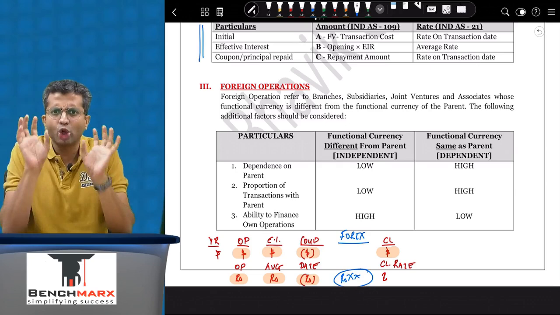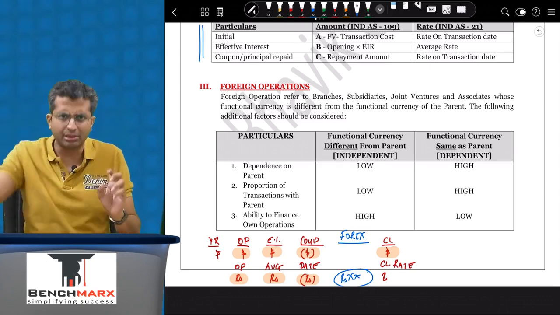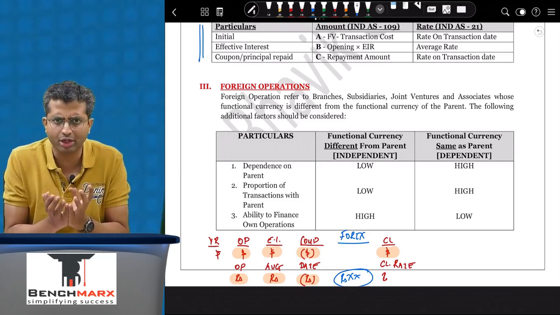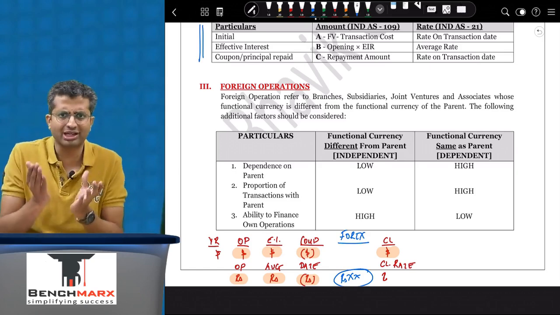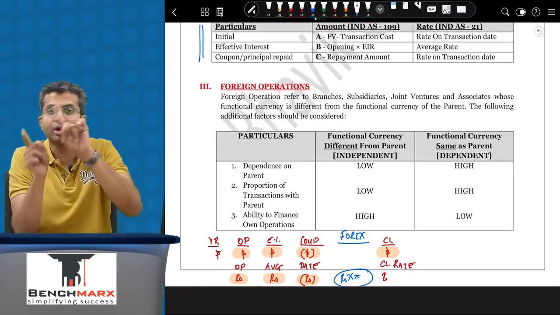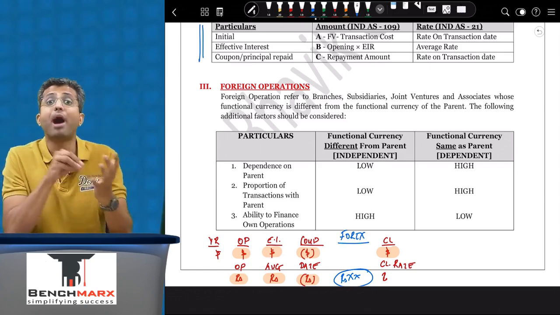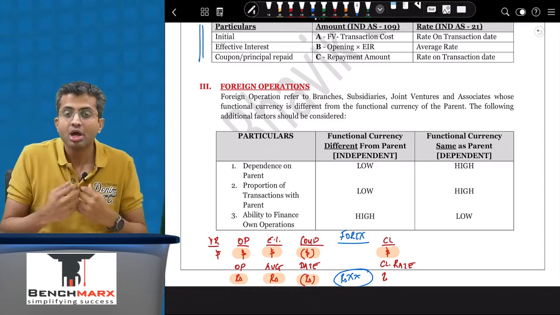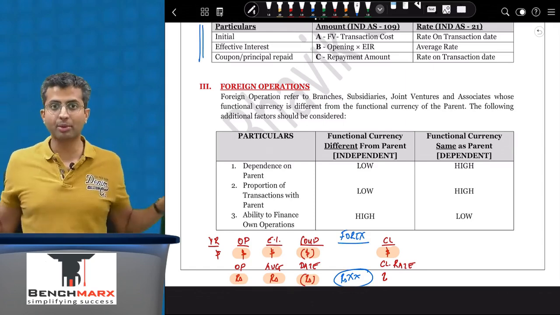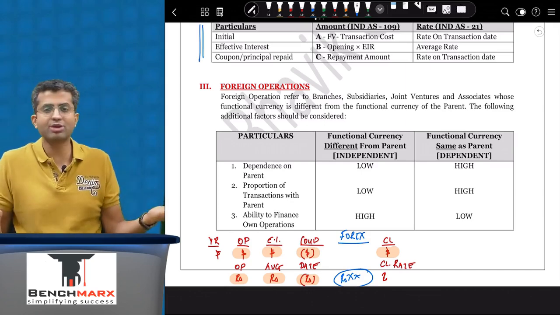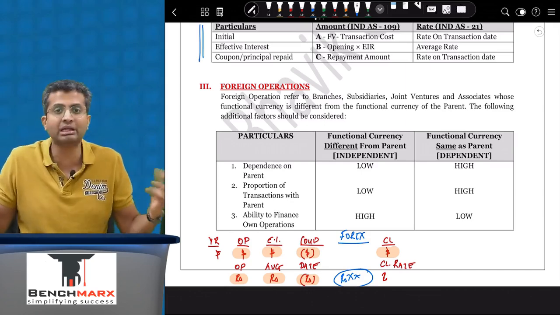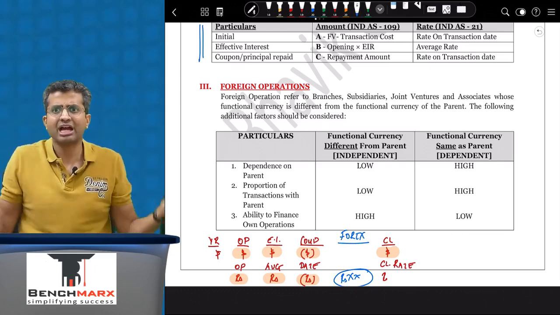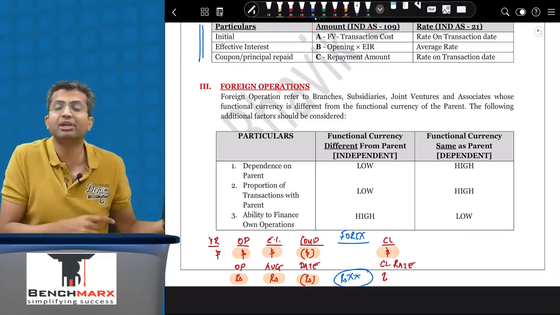And as a result, the law over here says that till the time you are holding that foreign operation, and if any gain or loss arises on the mere translation of the financial statements, that has to be parked into an account called as a Foreign Currency Translation Reserve, FCTR. It should not be taken to the profit and loss account, the logic we just discussed, because it is just a book entry. You have to convert everything into rupees in order to prepare CFS. That does not mean JLR is going to give you everything back in rupees.